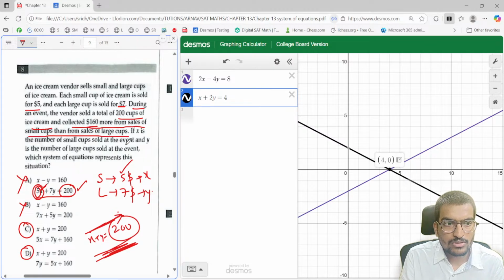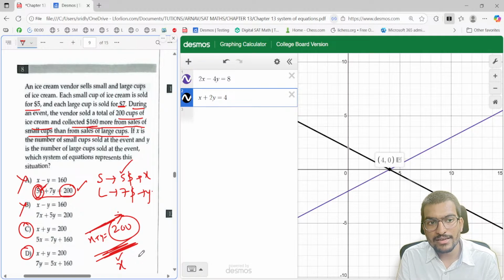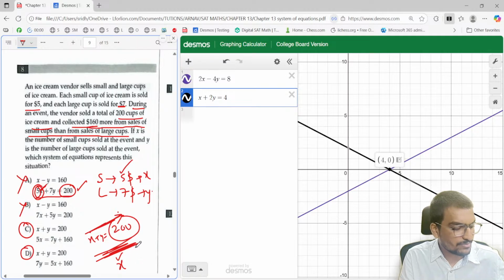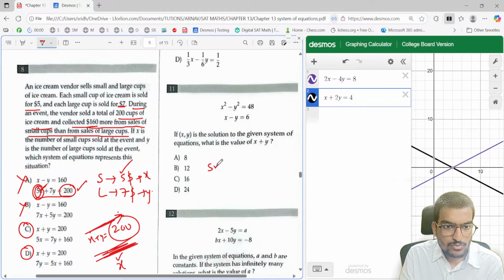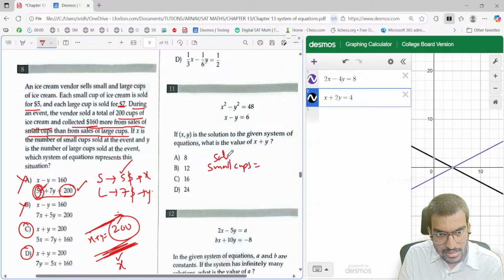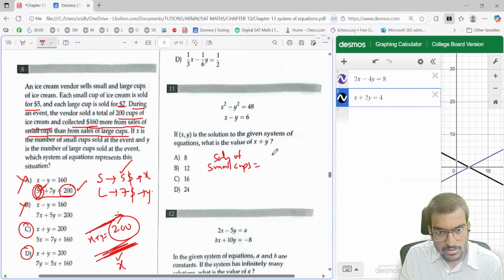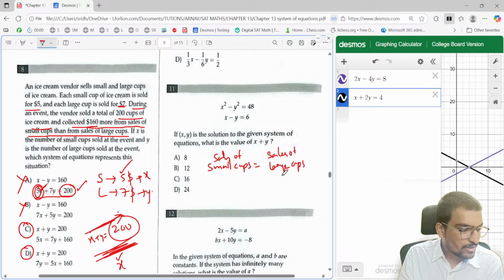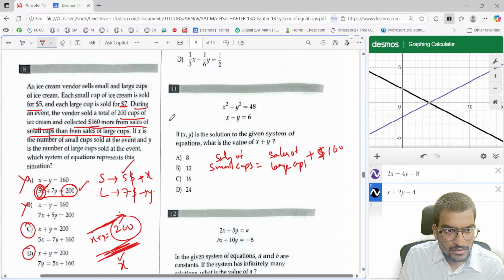He got more sales from small cups, which is x, than from large cups. What does that exactly mean? Let me write here: sales of small cups equals sales of large cups plus $160. That's what it means.